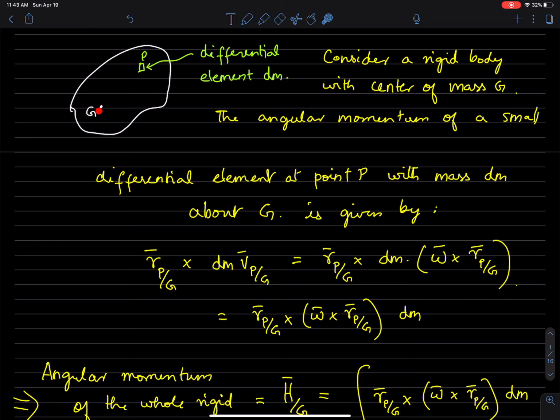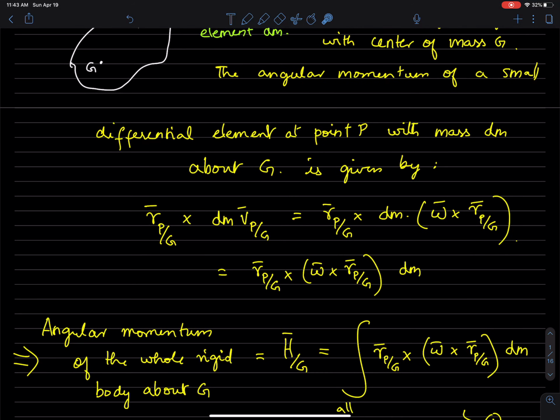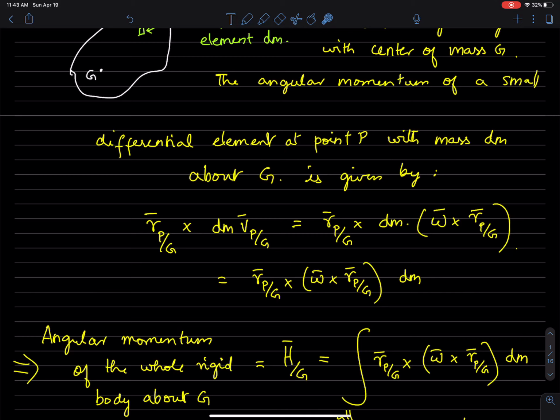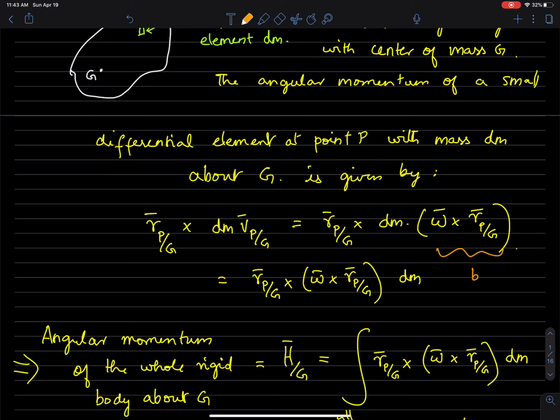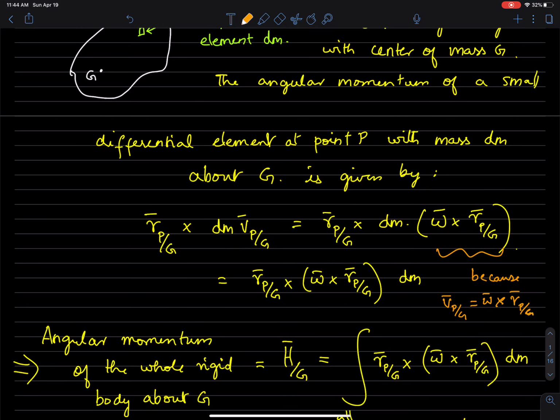If P and G are 2 points on a rigid body, then we know that Vp with respect to G can be written as omega cross Rp with respect to G. Vp with respect to G equals omega cross Rp with respect to G. And that's true if P and G are 2 points on a rigid body.